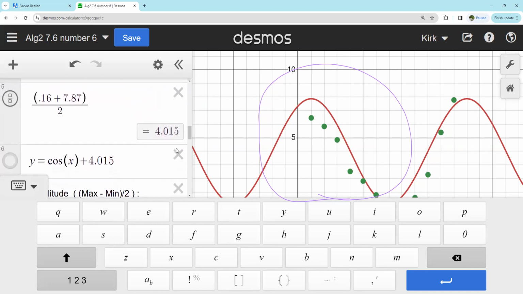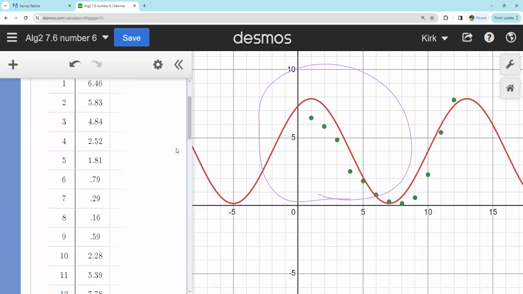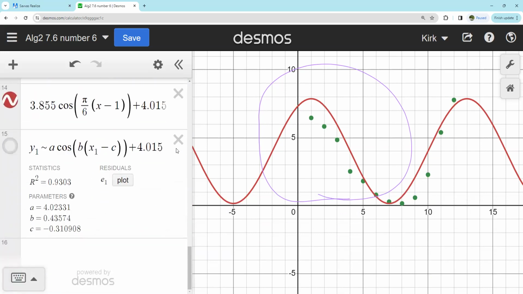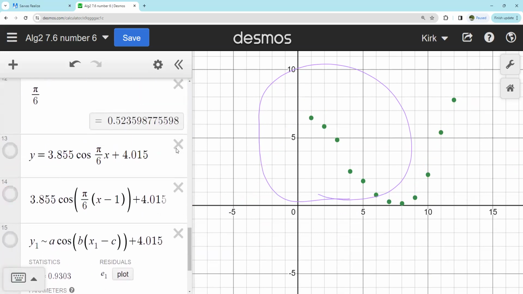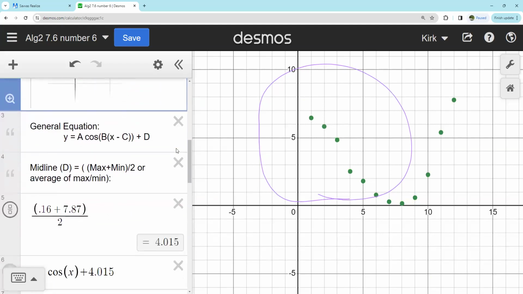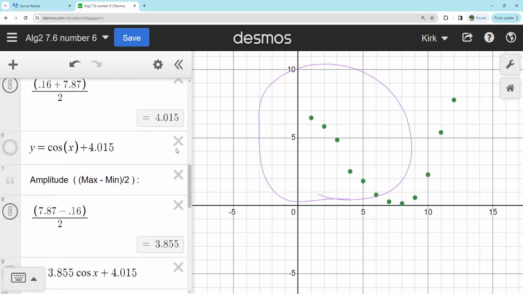So let's take off from here. I got another graph turned on somewhere down here at the bottom. Turn that off. What else is on? There's a sinusoidal, my final one, I think. So let's get back to the top where I did my first step, and then I put that in.